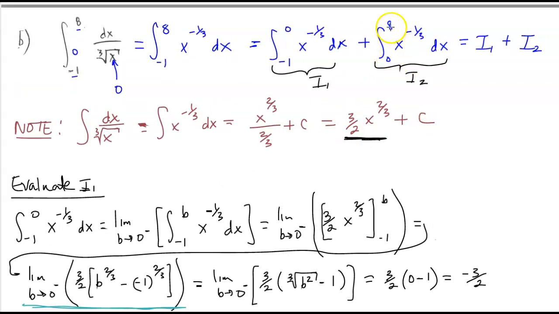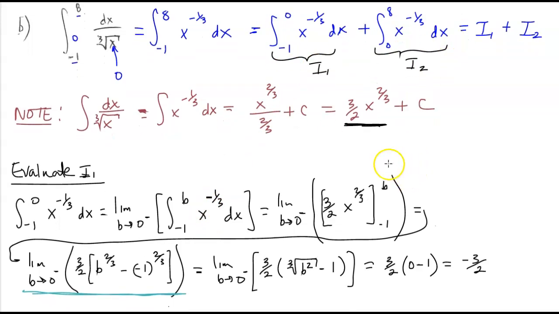It will be going from b to 8 instead of from -1 to b. I'll have to at least do this step to rewrite it and change it, and then I'll just skip directly to here.